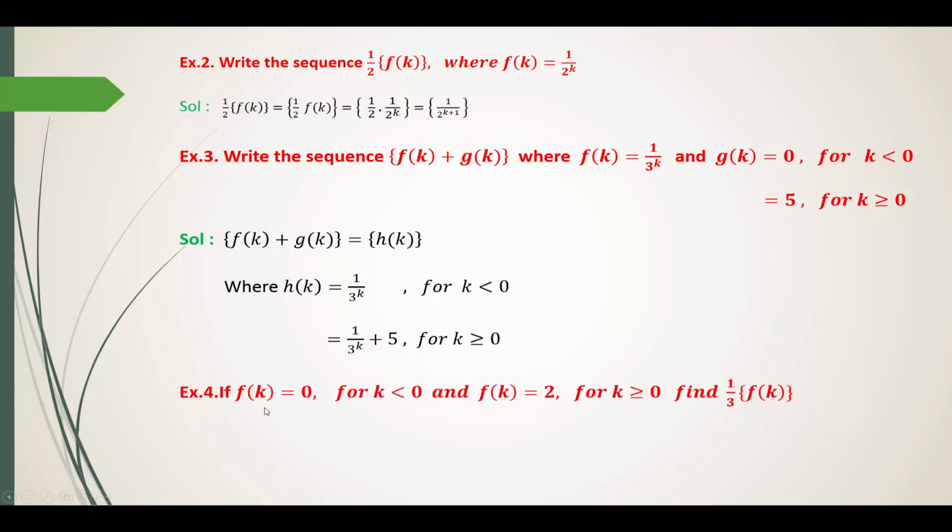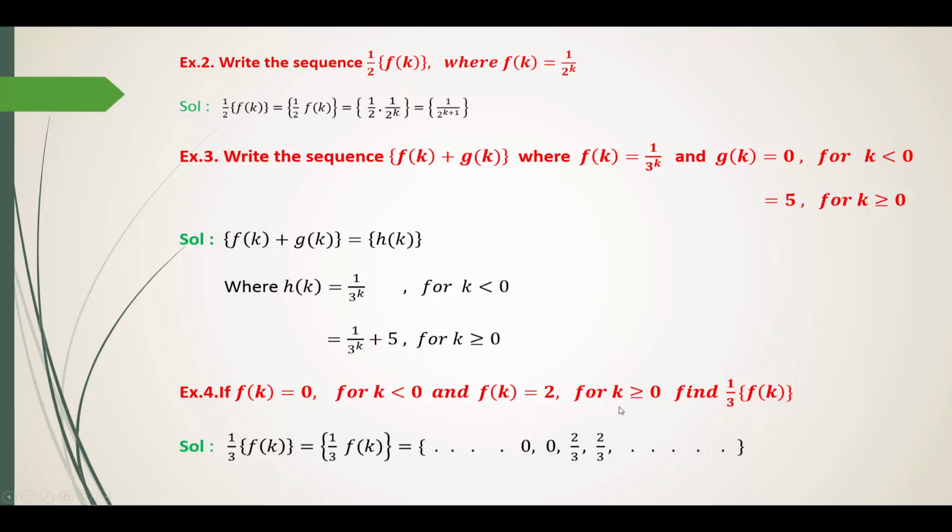Example 4. If f of k equals 0 for k less than 0 and f of k equals 2 for k greater than or equal to 0, find 1 by 3 of the sequence f of k. 1 by 3 of the sequence f of k equals the sequence 1 by 3 times f of k. Now the terms of f of k are 0 for k less than 0, meaning f of minus 1 is 0, 0 times 1 by 3 is 0, f of minus 2 is 0 times 1 by 3 is 0, and so on.